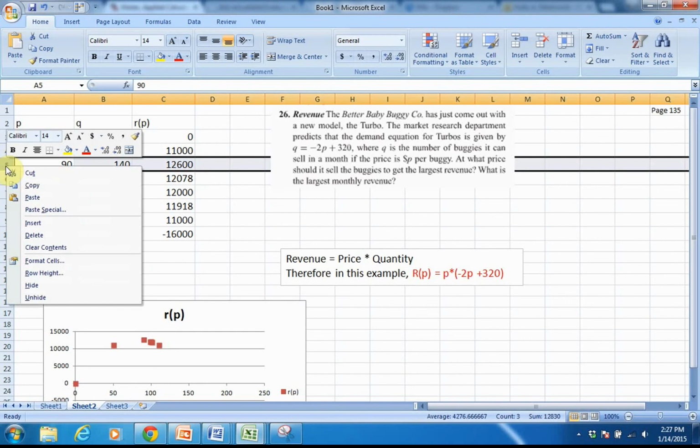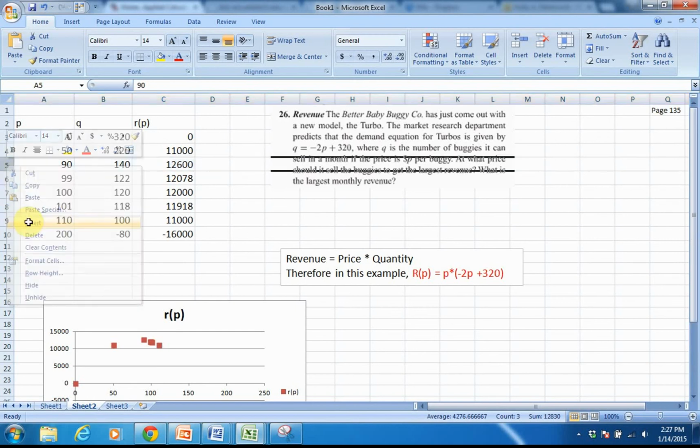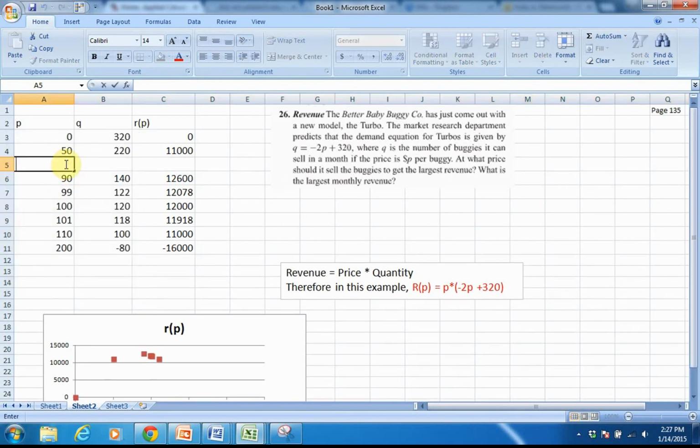I'm going to do one more for the sake of it, and then we're going to go into just evaluating the vertex. But suppose I type in now $80. At a price of $80, we would sell 160, and the revenues would be $12,800.